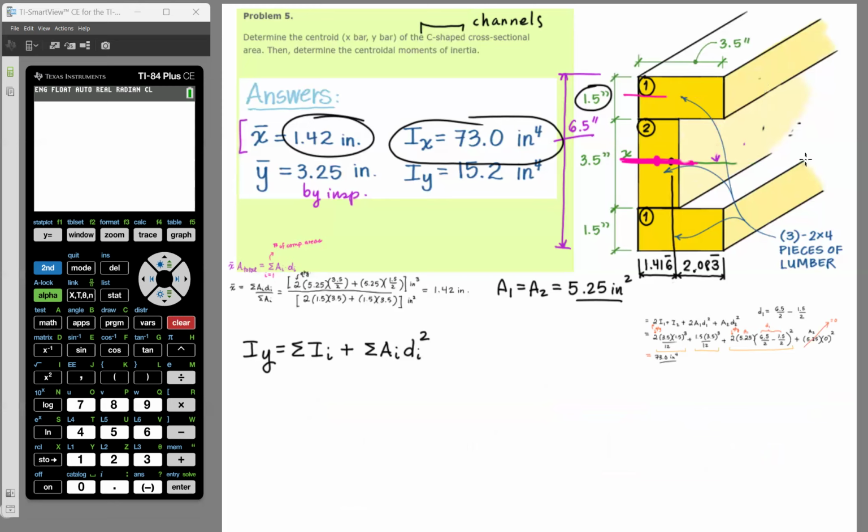And I'll clean up my picture just a little bit. So our centroid is here, and we're interested in the moment of inertia about the y-axis, or yy.